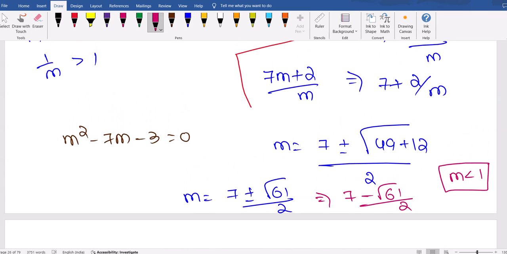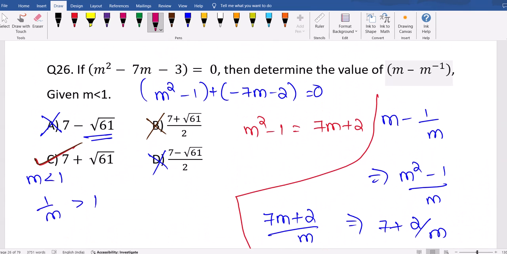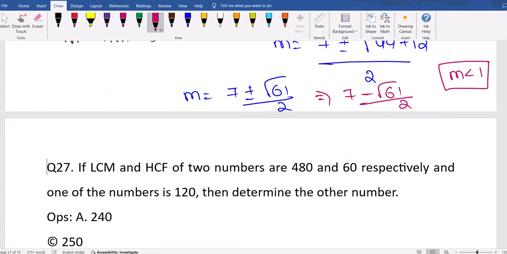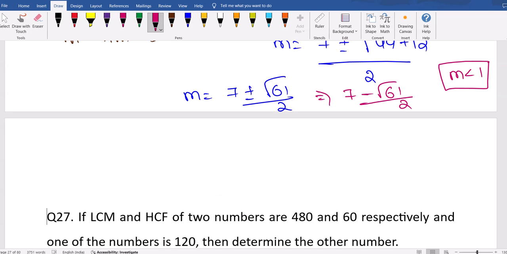Kindly focus on the question. They're not asking the m value. If m value, I can go with option D. But the question is m minus m inverse. We modified that expression and simplified it like 7 plus 2 by m also. Or else at least I require the 1 by m value.